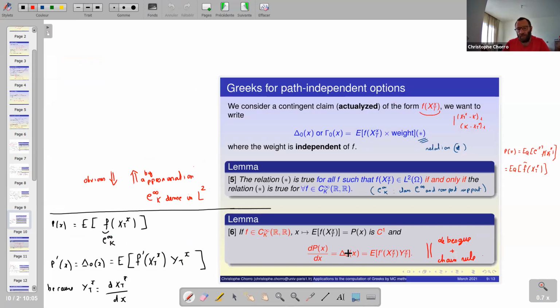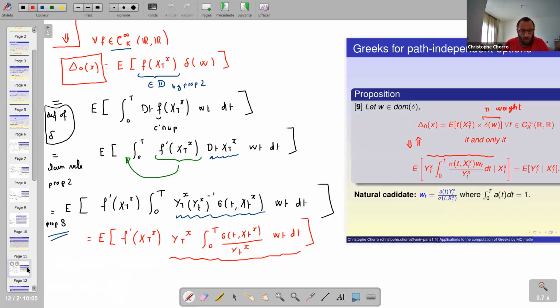In lemma 6, I have proved that for all f of class C infinity with compact support, delta_0 is given by this expression. So by lemma 6, I can use this equality here. This one is equal by lemma 6 to the expectation of f prime of X_T(x) Y_T(x). And in fact, it's finished. Why?